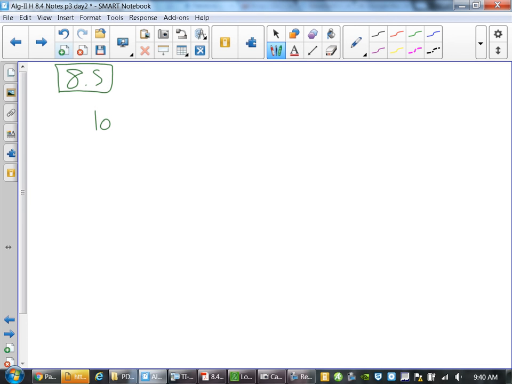When you have a logarithm, and let's just say it's log base b of x times y, this is the exact same thing as saying log base b of x plus the log base b of y.